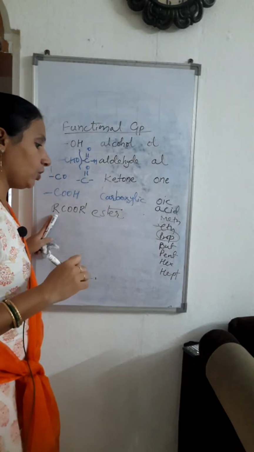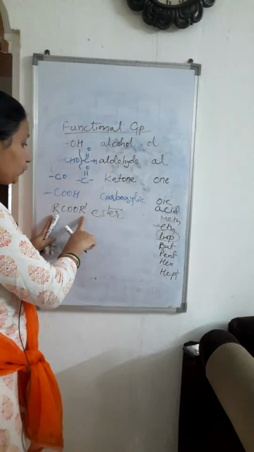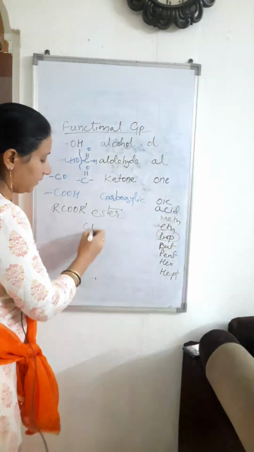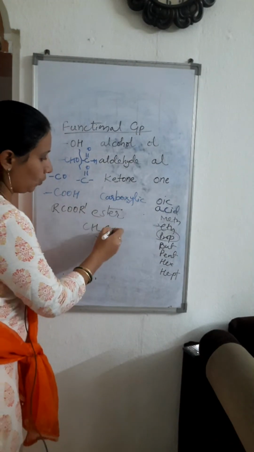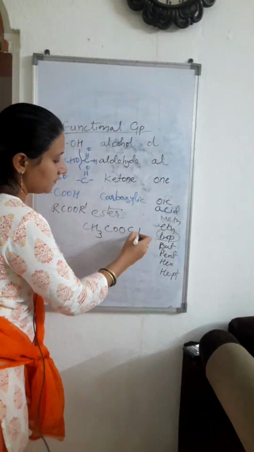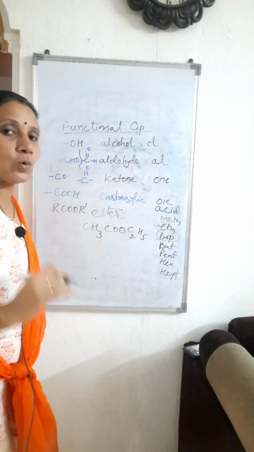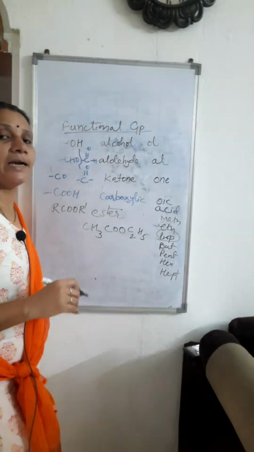R stands for any alkyl group and R dash for another. Like if on one side we have an alkane, suppose I write CH3, then COO, and on another side C2H5. So when you are learning, try to learn it a little slowly, because this topic is very easy, but it will take a little time to understand.